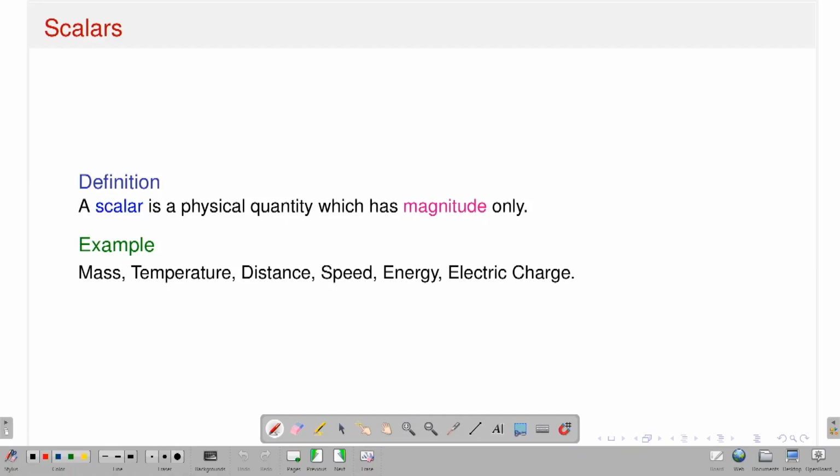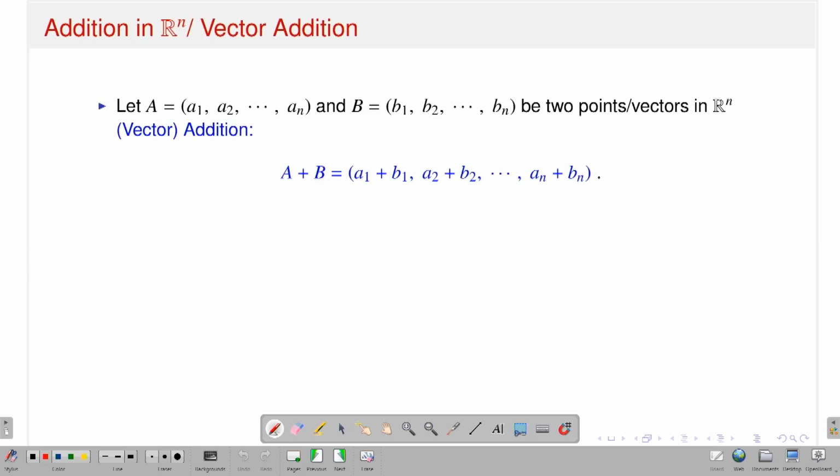In physics, some examples are mass and temperature. The temperature of Guwahati city is 30 degrees Celsius. The distance between Bhopal and Guwahati is 1700 kilometers. Speed, energy, electric charge, all of them are scalar quantities.